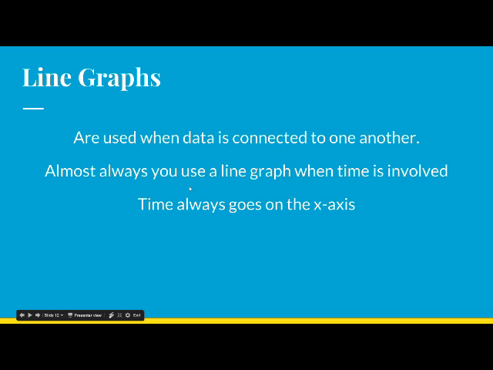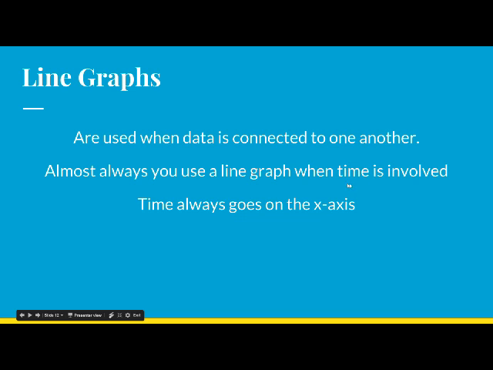Okay, so we're going to be talking about line graphs. We've done a little bit about bar graphs, and my goal is for you to be able to tell the difference between when you're supposed to use a line graph and when you're supposed to use a bar graph. Line graphs are used when data is connected to the rest of the data. That's a kind of confusing idea, but for right now, you use a line graph whenever time is involved.